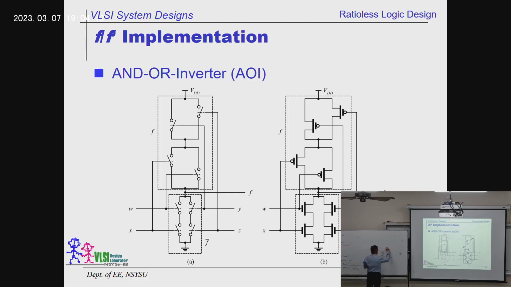And for the counterpart on the top, we are going to have two groups of P devices over here. The original P devices is 2W.